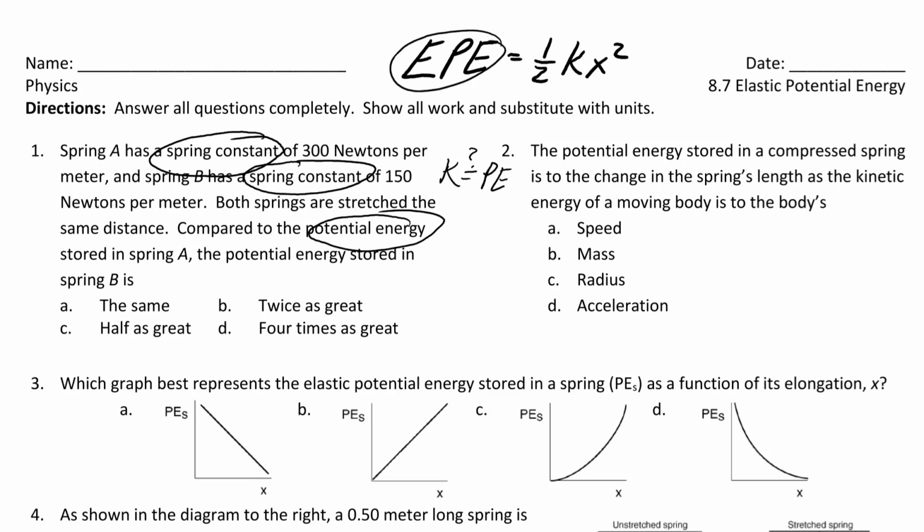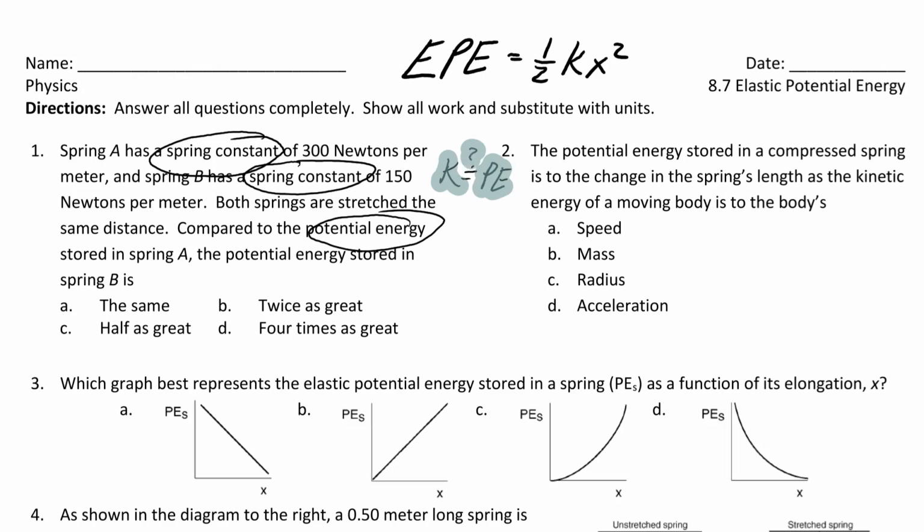They're on the same side of the numerator, and k is not being squared or cubed at all. So basically, if I double the k, I'm going to double the elastic potential energy. If I triple the k, it's 3 times as stiff. It's going to store 3 times as much elastic potential energy in that spring.